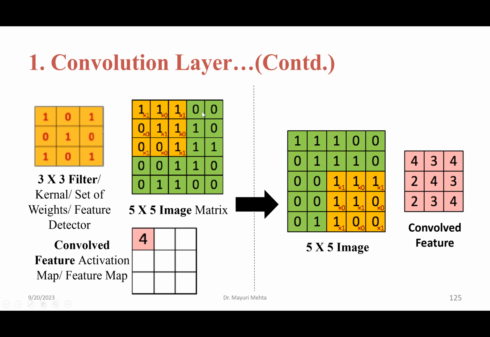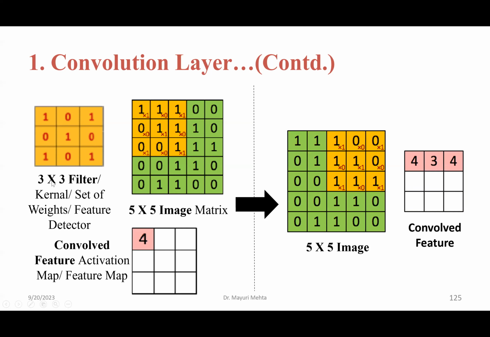We can process this image in parts. So which part of the image are we processing? We are processing 3 cross 3 pixels at a time, because we have chosen a weight matrix of 3 cross 3. If it is a big image, we can consider 5 cross 5 also.